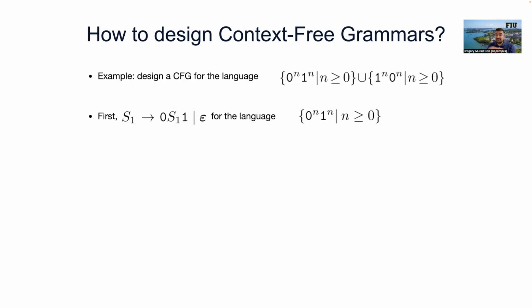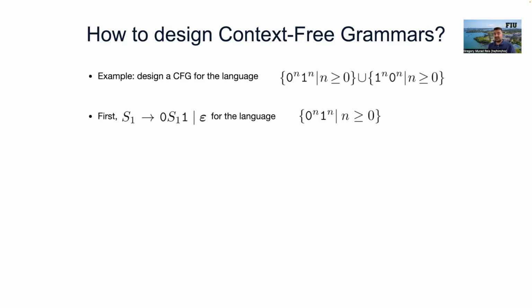And that variable in the middle can be replaced by another what? 0S1. So every time I add a 0, I'm also adding a 1. That way I keep track of how many zeros and ones I have, because for every 0, there's a 1. And I solve that with a simple rule that allows for recursion in the middle. I was able to solve a problem that would require an infinite amount of DFA. Now you see why context-free grammars are more powerful.